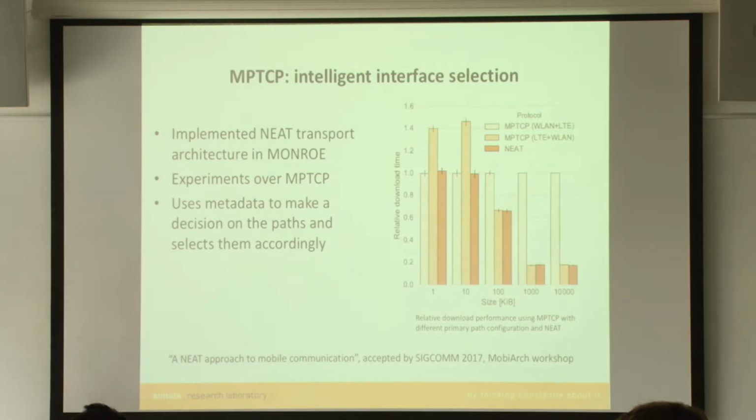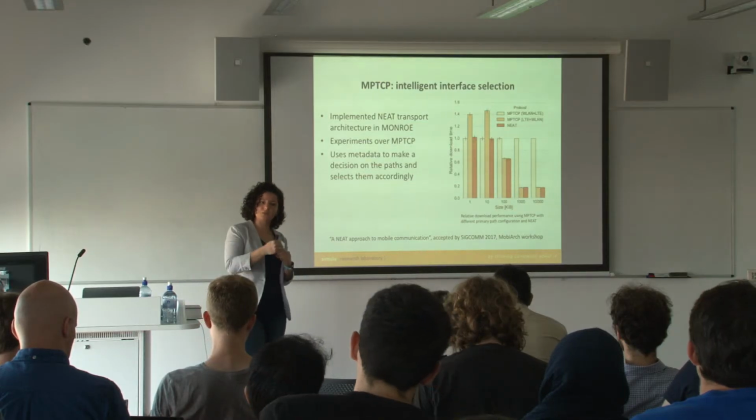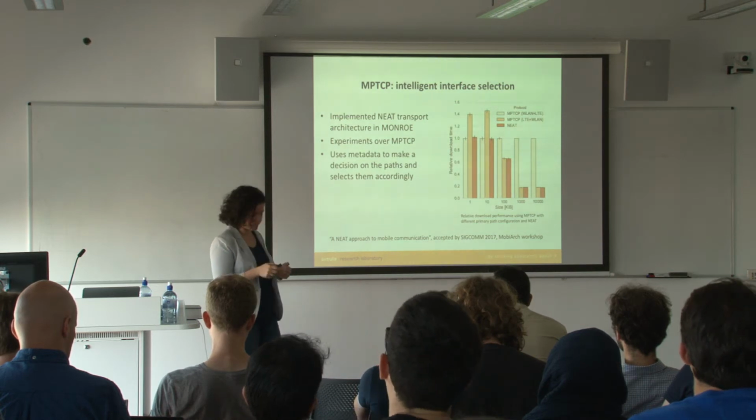For those familiar with MPTCP, you know the initial path you start the connection on might impact the results quite significantly. So if you are able to read the metadata from MONROE, you can have a better estimate of which path you should use first, so that you don't go into that penalty of performance.